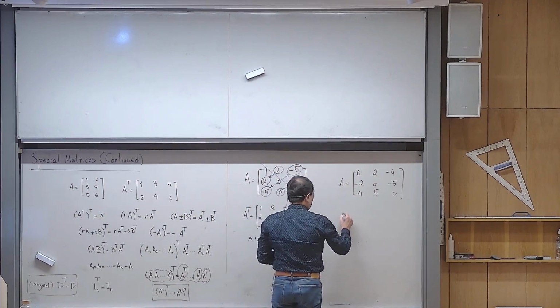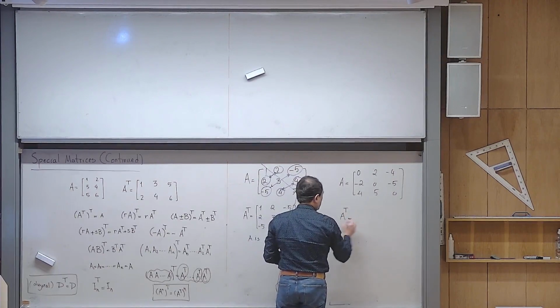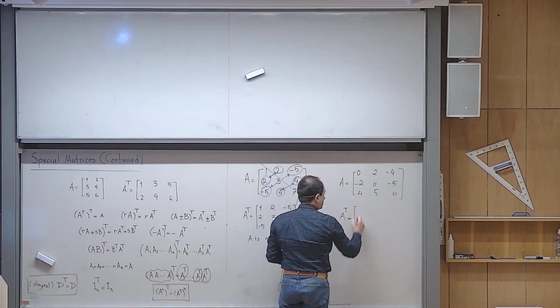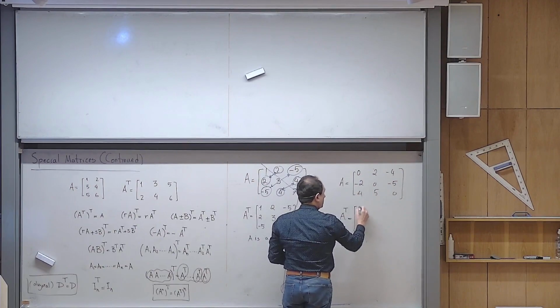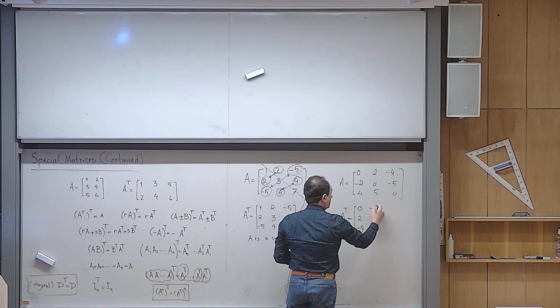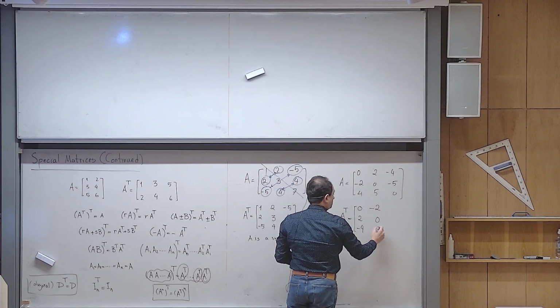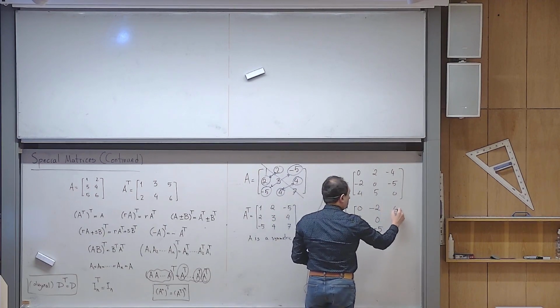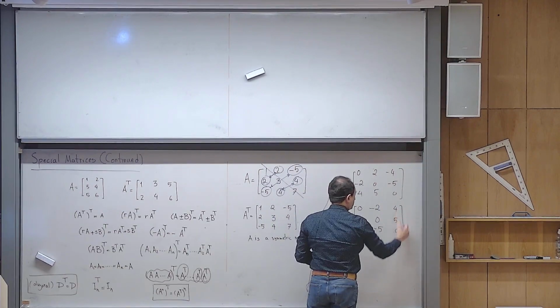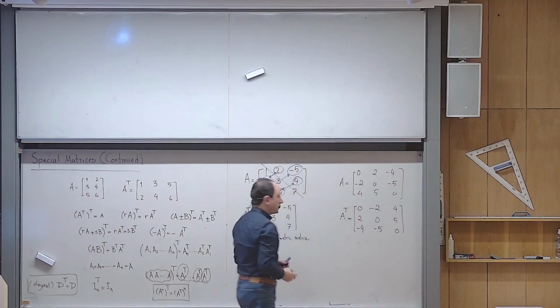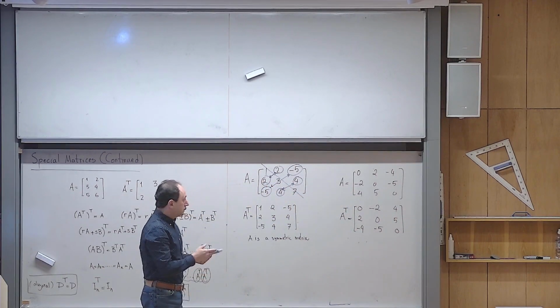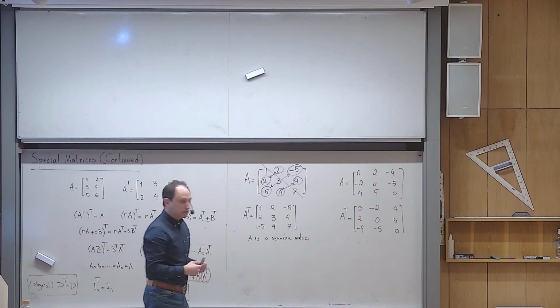I determine the transpose of this matrix. So I take this row and write it as the first column. This is the second row, I write it as the second column. And this is the third row, I write it as the third column. But you see, this is not exactly equal to the matrix itself, but in this case, it is the negative of the matrix.